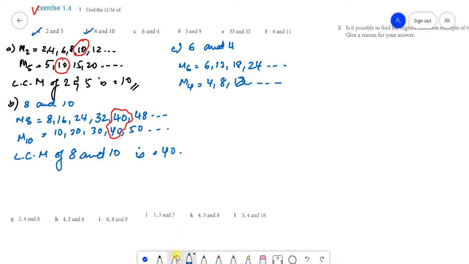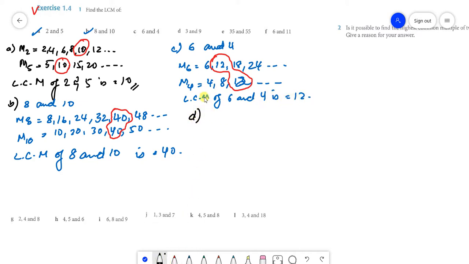So we already see the common multiple, that is 12. So hence LCM of 6 and 4 is 12.